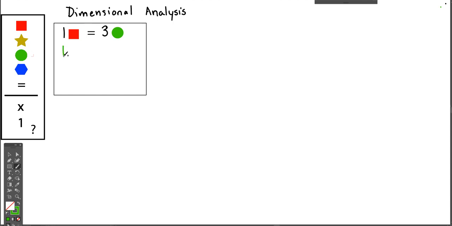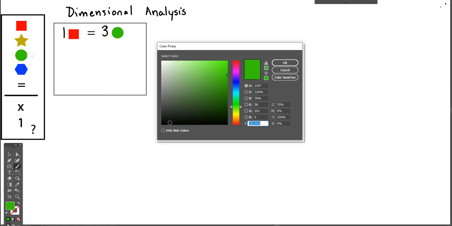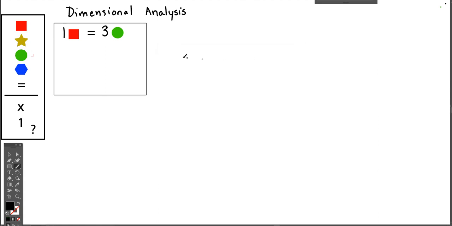And now I'm also going to tell you, oh, as usual, I always end up doing that. Hold on a second. Let me change my color here to black. So now I'm going to tell you that 1 green circle is equal to, let's say, 2 gold stars.